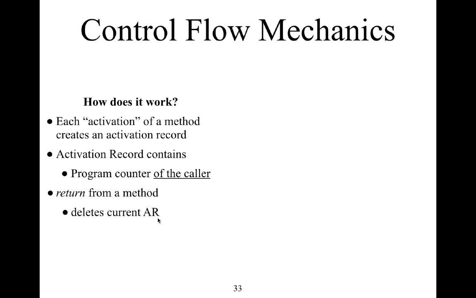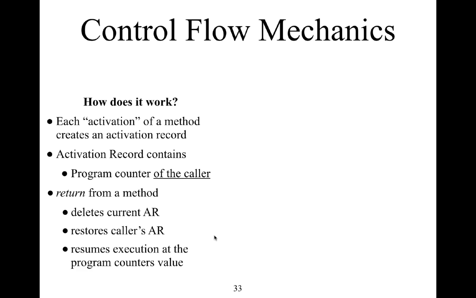And when that happens, the current activation record is deleted after the information about how to get to the caller is established. Then the caller's activation record is restored as the currently executing one.